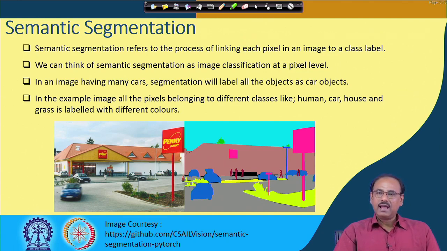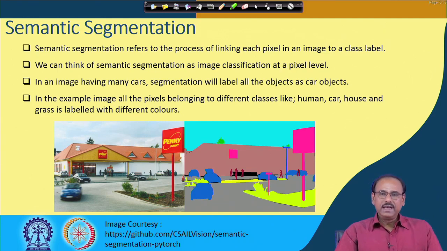I can have different persons, and the persons or human beings become another class. So, I can have an image with different classes of objects: one class is car, one class is building, one class is persons, another class maybe is a signboard, road sign, and many such things.